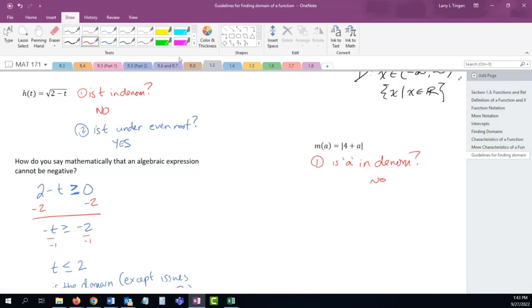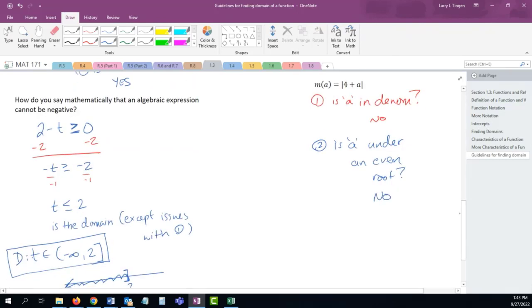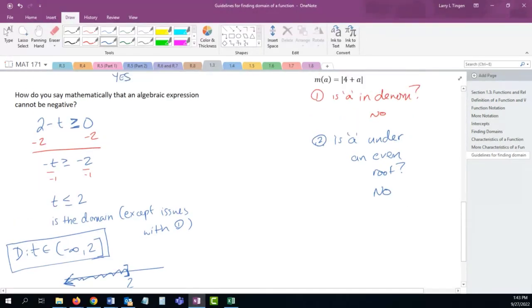No. The last part. Oh, sorry, I'll come right back to it. Is a under an even root? No. If the answer to both of your questions is no, then the domain is automatically all real numbers.